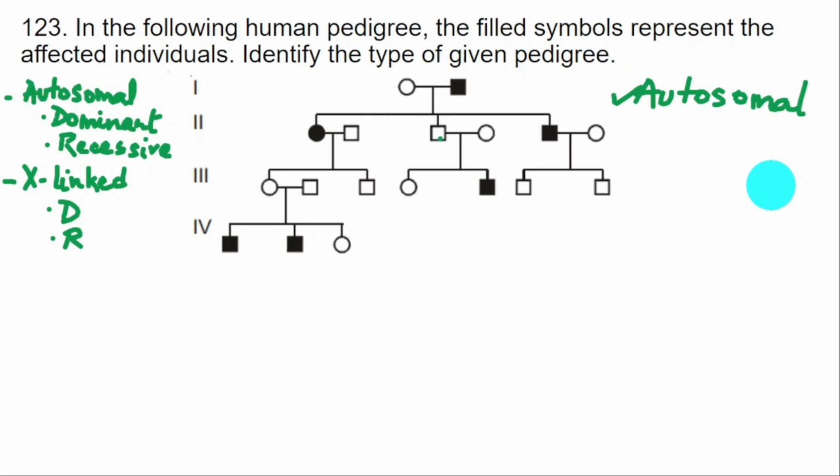So because it has skipped generation, it is hidden here and it reappeared in the 3rd generation. So this indicates the recessiveness of the allele. So this person is the carrier of the allele, and because he is not affected indicates that the disease or the allele is recessive.